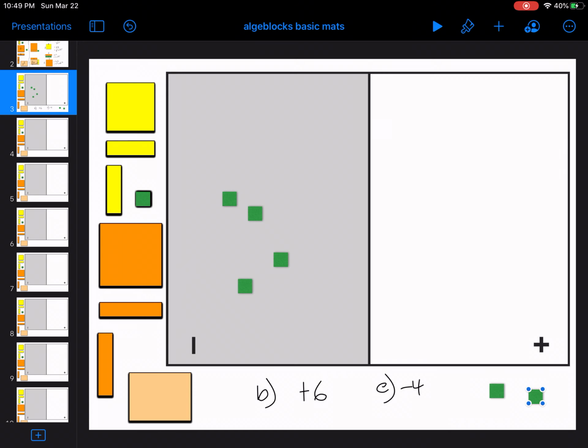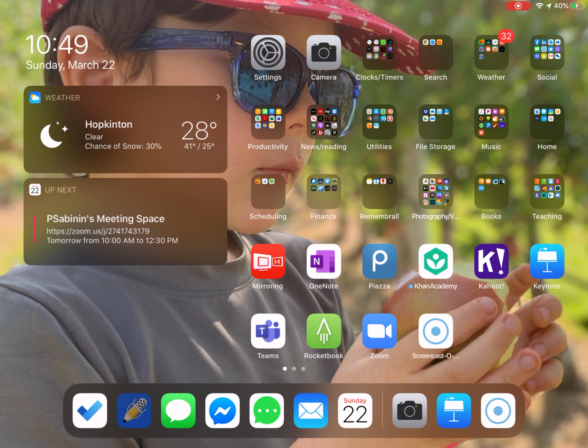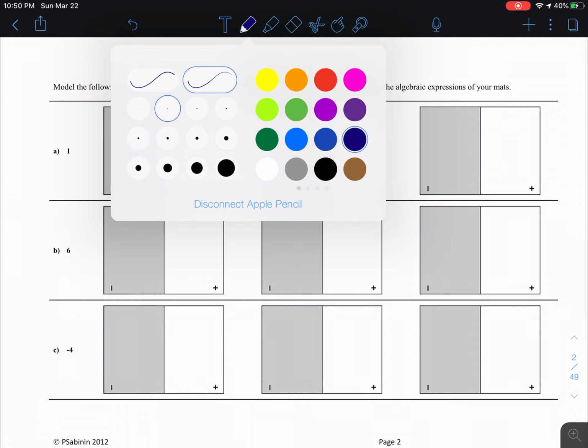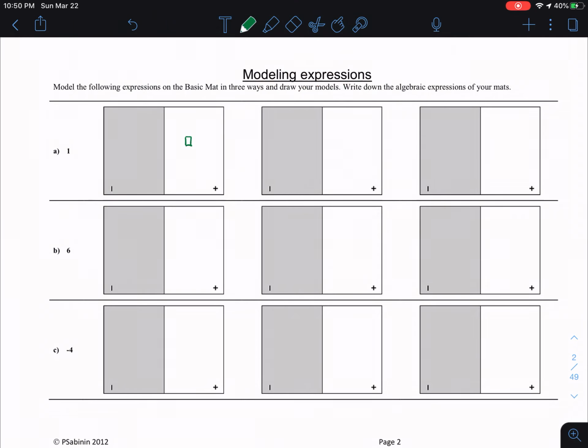So let's take a look at going to our page 2 in the Algeblocks handout and seeing if we can draw some of these expressions. So our green square was 1, positive 1, if it was in the positive.